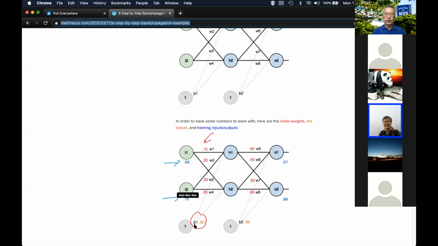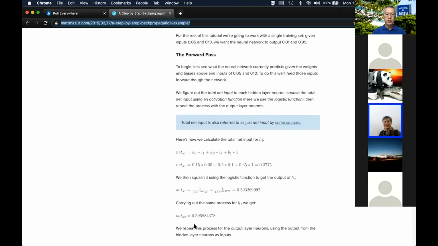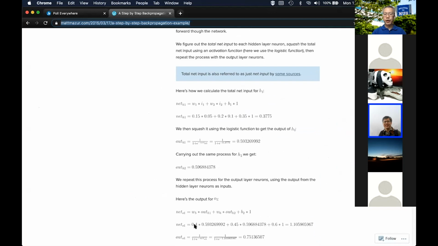Then I'm just going to do the forward pass to calculate all the values. It's just going through the network and calculating all of the values, so at the end, after I go through all of the functions here, I will get this value.